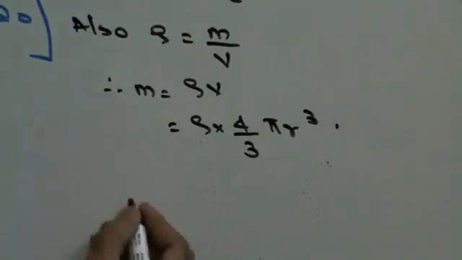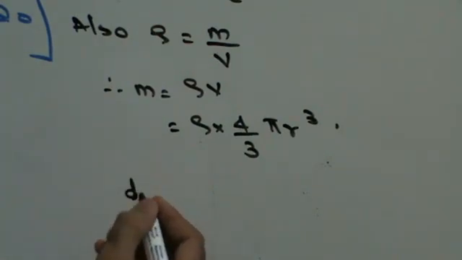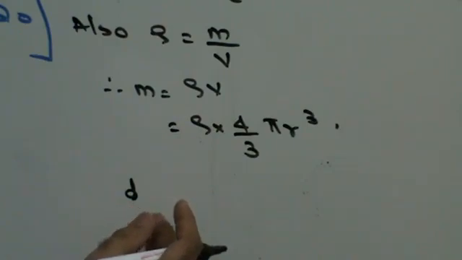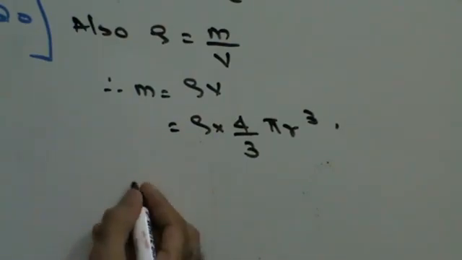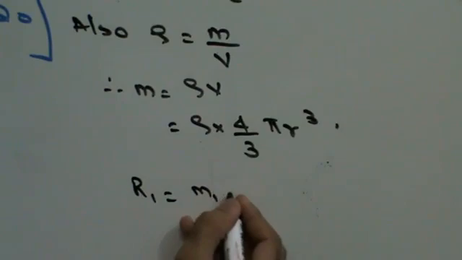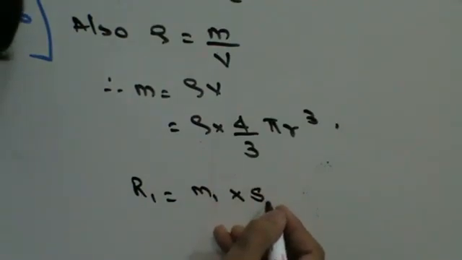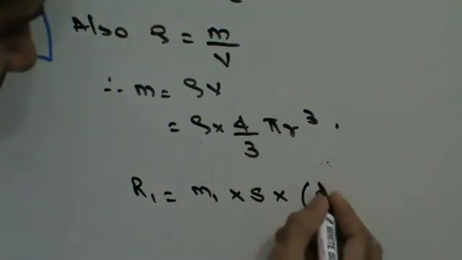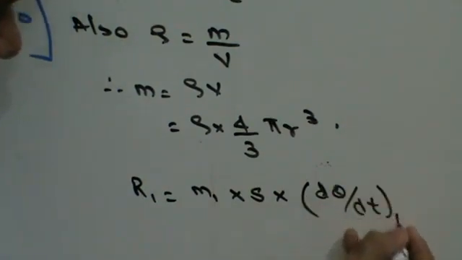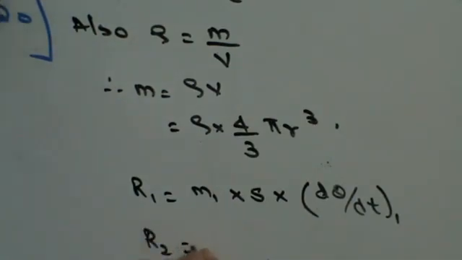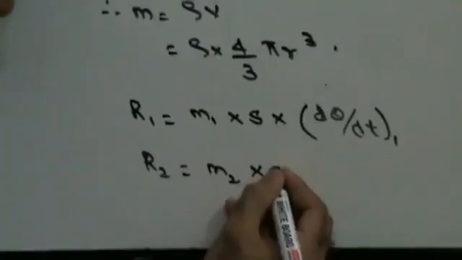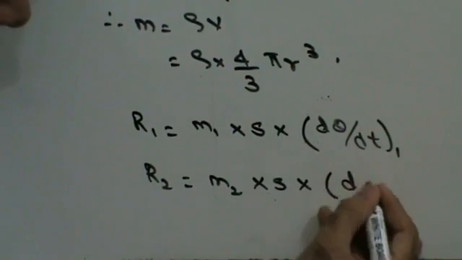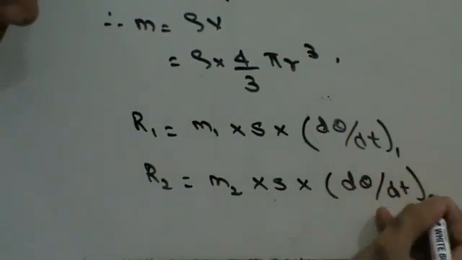So in that case I can say that rate of loss of heat, that is R1, is equal to mass of the body into specific heat of the body into rate of fall of temperature, that is d theta by dt 1, right? Rate of loss of heat is also equal to mass of the body m2 into s into d theta by dt 2.